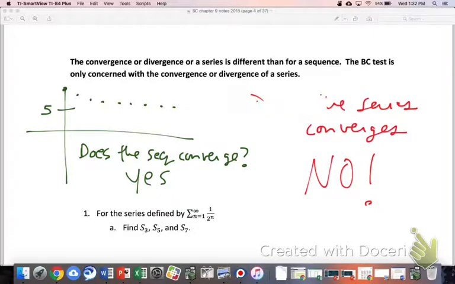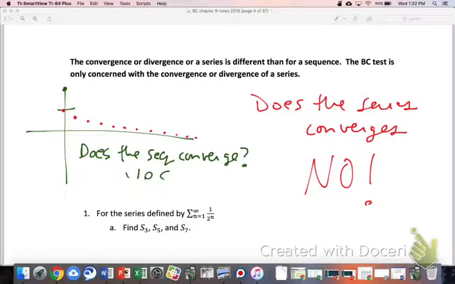Let me show you a little contrast here. What if I had a different sequence, and let's say this sequence did this. Let's say that this was my 0th term. There's my 1st term, 2, 3, 4, 5, 6, 7, 8, so on and so forth, like that.